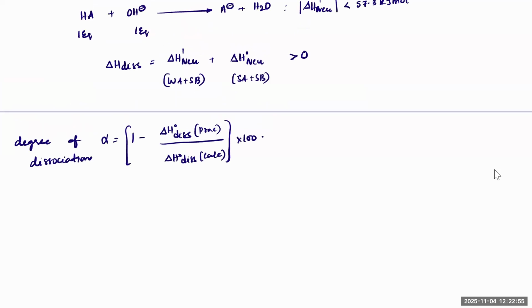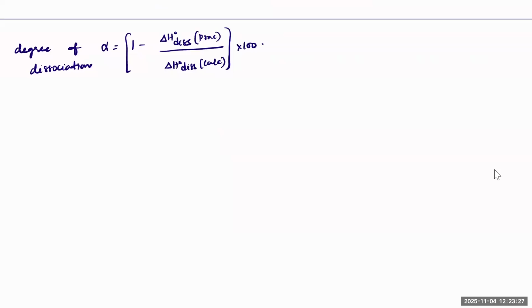So you should know this formula and how to use it. The practical one is the one you need to calculate. Usually in the question the denominator is given, and you need to find out the numerator value. So that is your degree of dissociation.